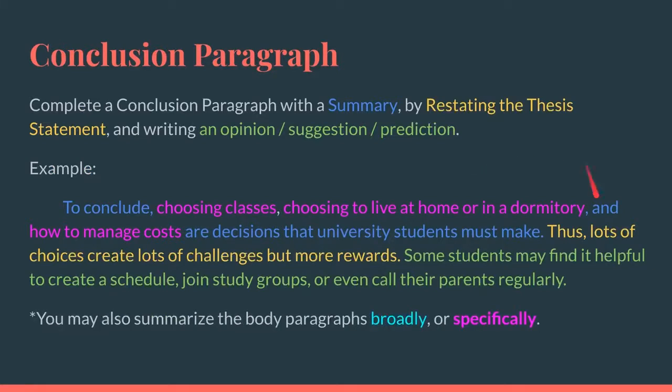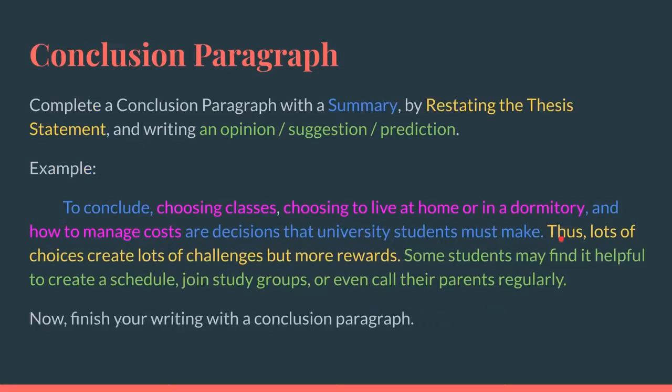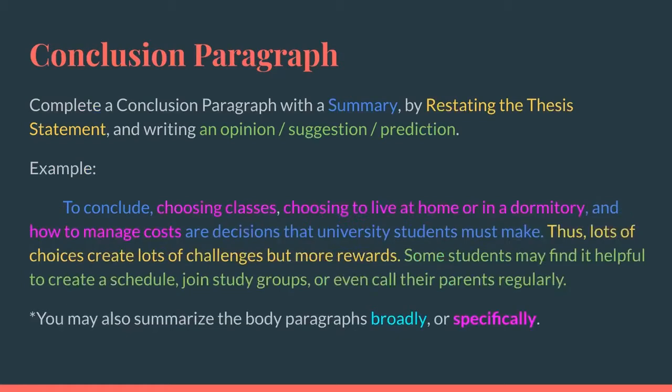Actually, I have to finish explaining this. As you can see, the thesis, or the yellow sentence restating the thesis. This is basically going back to the thesis statement from the introduction paragraph, which let's look at it again.